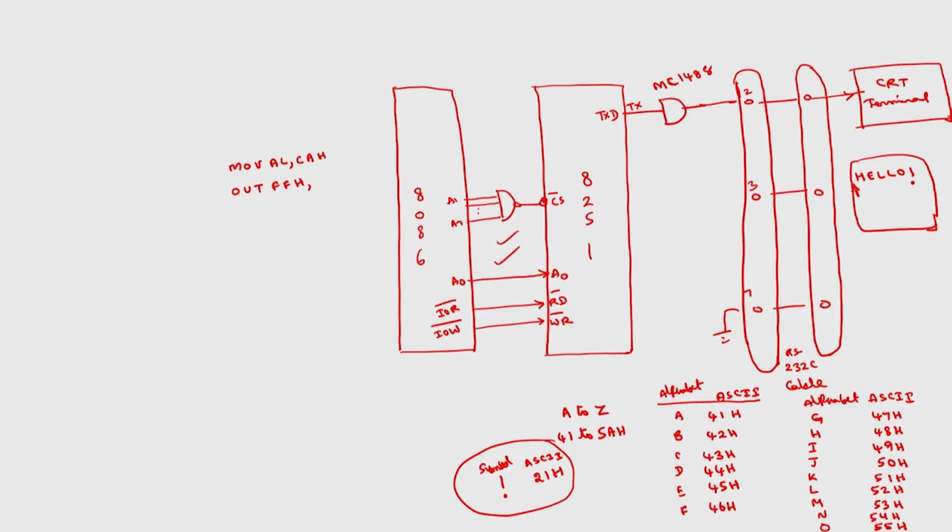FFH is the address of both the control word register as well as the status word register. This will set the mode word register as per the specifications given in the previous slide.